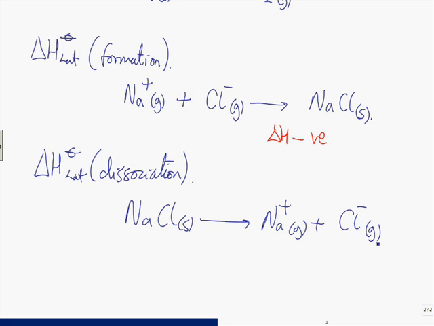And in this case, because we're breaking those electrostatic interactions, we've got an endothermic process. But of course, in terms of magnitude, the lattice enthalpy of formation and dissociation are essentially the same. It takes as much energy to break 1 mole of sodium chloride lattice into its gaseous ions as is given out on the formation of 1 mole of sodium chloride.